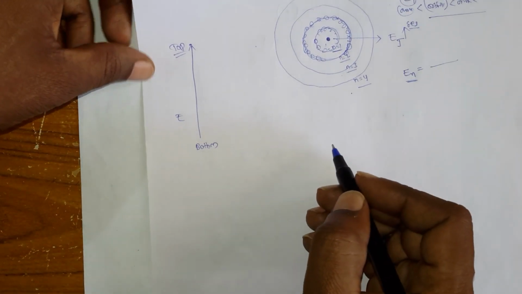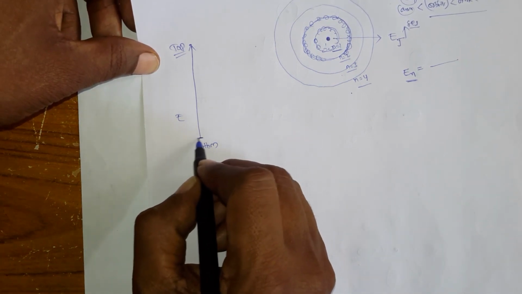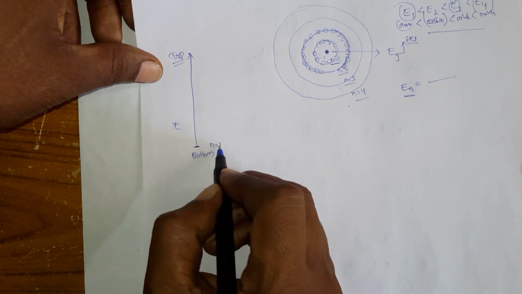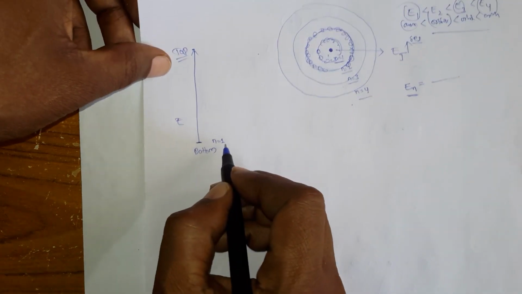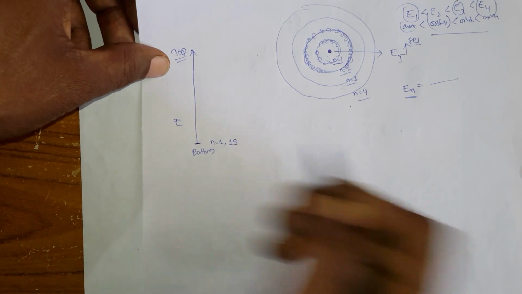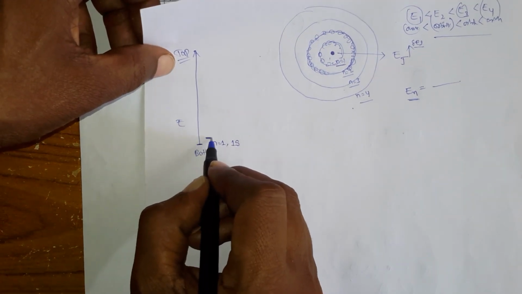At the bottom is the energy level of n equal to 1, obviously. In n equal to 1, what orbitals can be present? Only the 1s orbital, so here you write only the 1s orbital.